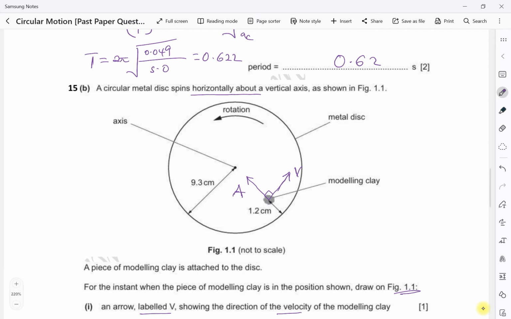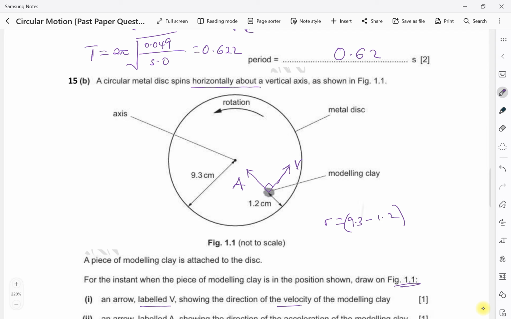Because this is at a distance of 1.2 from the edge, not on the edge of the disc, the radius of the circular path in which it moves is 9.3 minus 1.2.